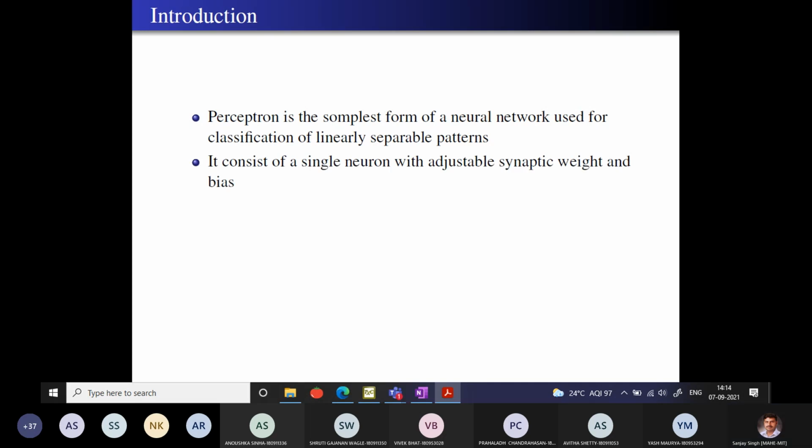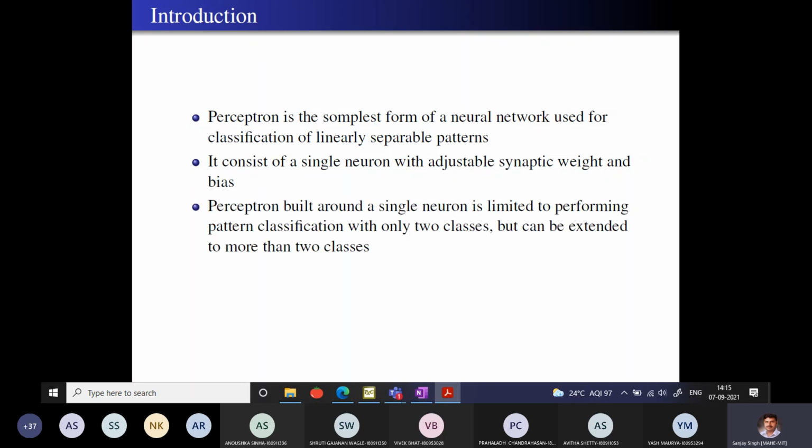Remember that it consists of a single neuron with adjustable synaptic weights and a bias. The entire perceptron is a single-neuron system, and of course a bias will be there. As mentioned, it is built around a single neuron and is limited to pattern classification with only two classes, but it can be extended to more than two classes.